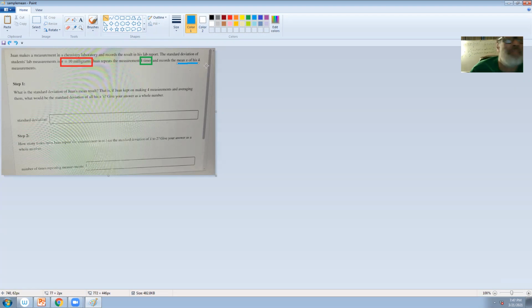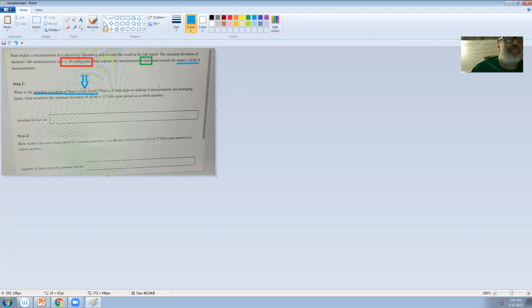Okay, see that? All right, so what's the standard deviation of Juan's mean result? Let's focus on here. The standard deviation of Juan's mean result. See that? It says mean right here.